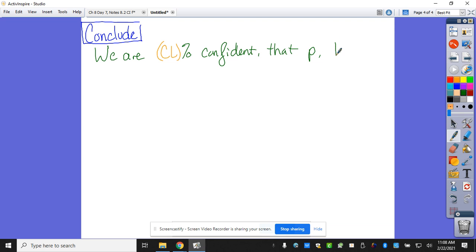Which is... and then I'm just going to write in context of population. Did I say of population or for population? You are going to change it up in your writing, I don't care. And then it ends with what?